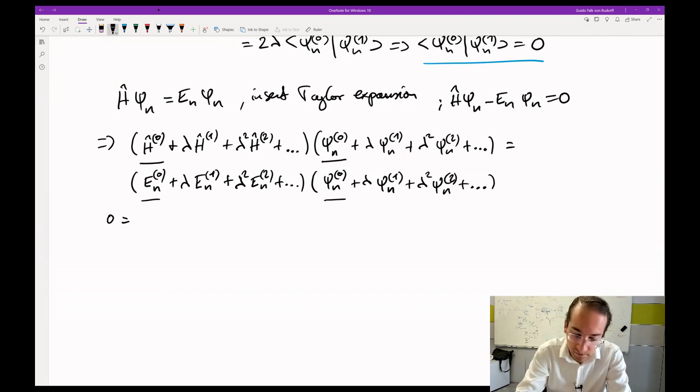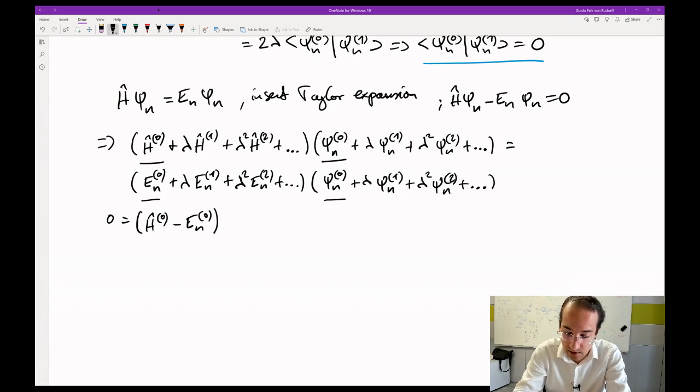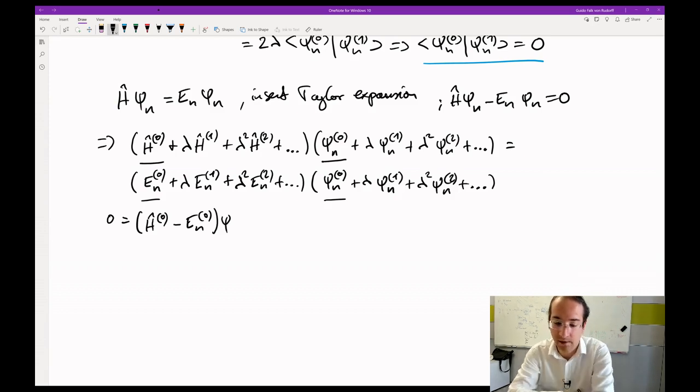So if we write this down, then we get the Hamilton operator naught times the energy minus the energy times the wave function. That's our first term. Those are exactly all there are that are zeroth order of lambda.